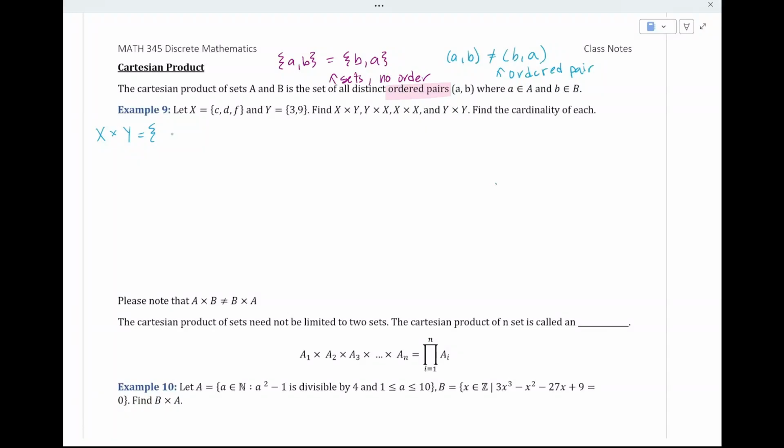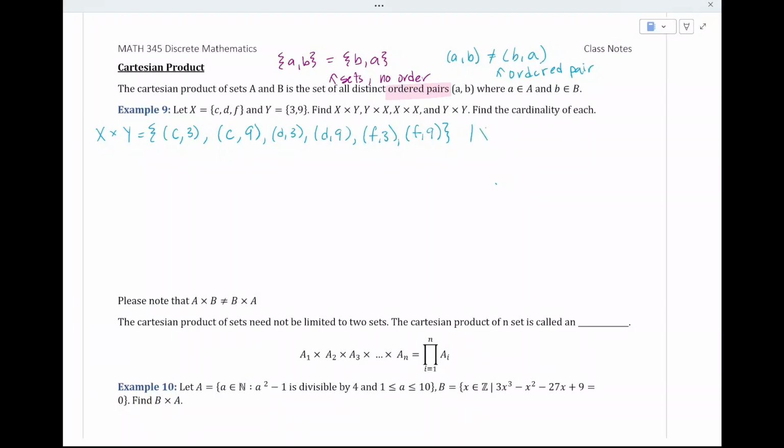So I'm going to start off with (C, 3). And then the next one is going to be (C, 9). And the next one, I've already done C, so now I'm ready for (D, 3). And then (D, 9). And then (F, 3), a lot of commas. And then (F, 9). And I think that's all the possible combinations.